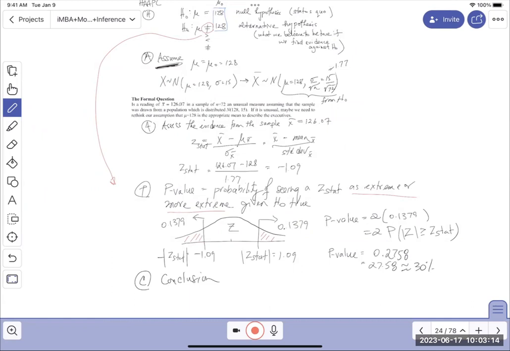We say, in conclusion, if the p-value, the chance of seeing that value, was small, but we still saw it, then that's evidence against the null. So we are falsifying the assumption. We found evidence against the assumption because something very rare just happened, indicating that something's wrong with the assumption.